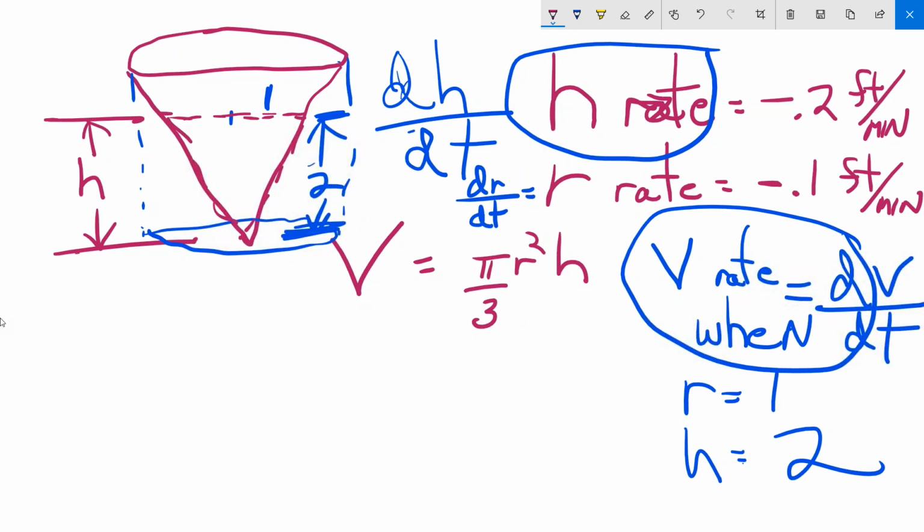So what's my next step? I've got the volume equation, but all my things are DHs and DRs and DVs. Differentiate.